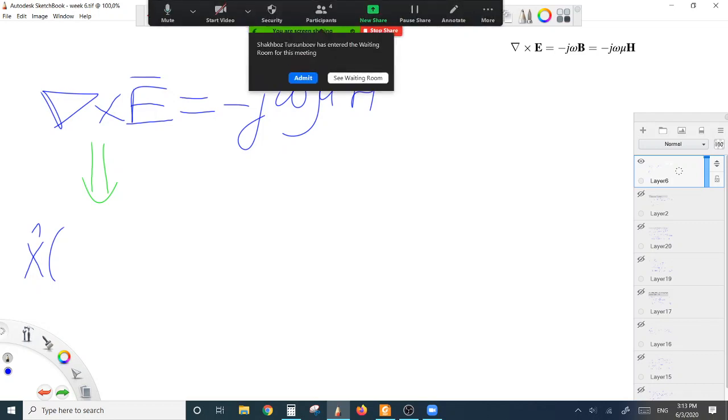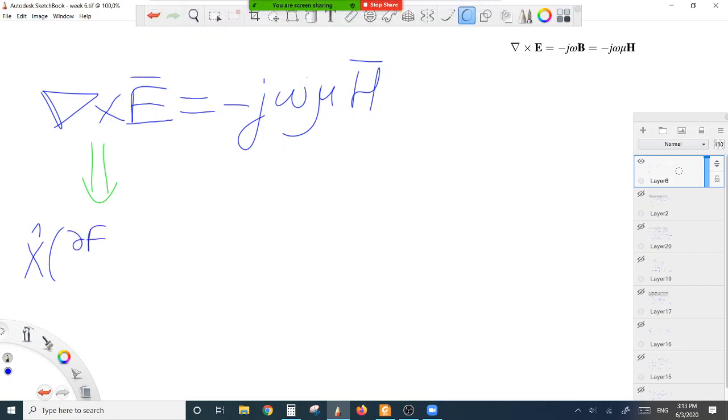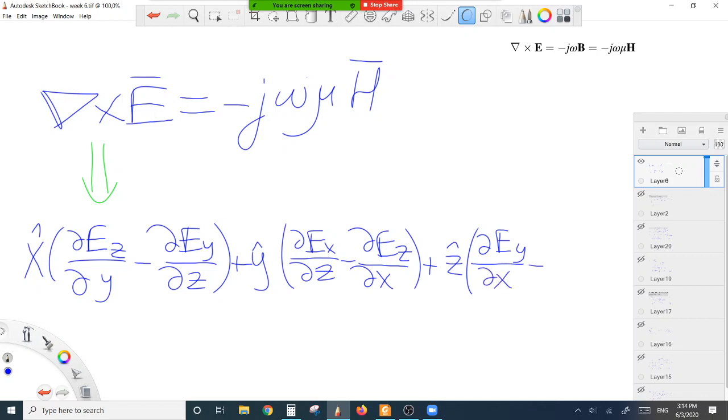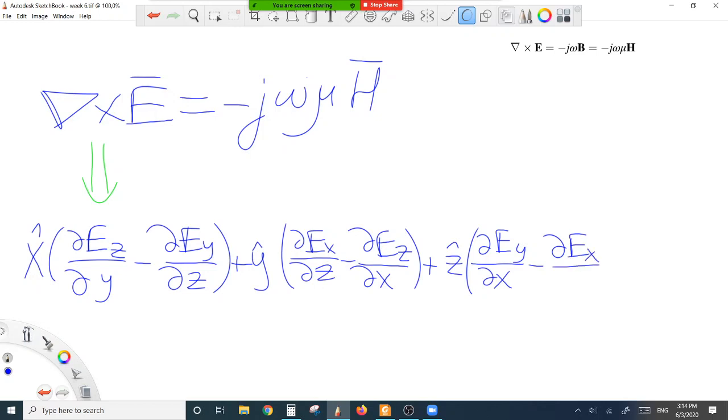I just write the curl of the electric field intensity: x times (dEz over dy minus dEy over dz), plus y times (dEx over dz minus dEz over dx), plus z times (dEy over dx minus dEx over dy).